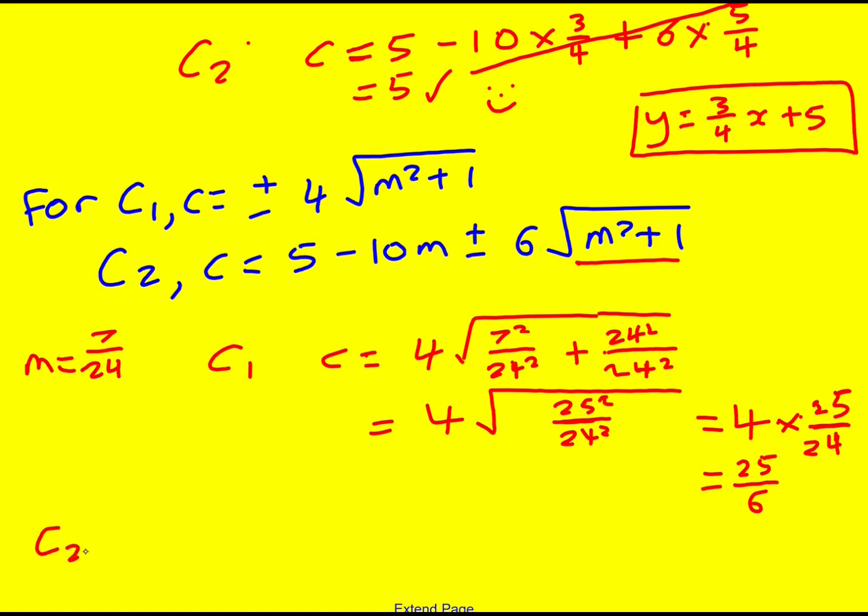Then C2 gives us C equals 5 minus 10 times 7 over 24 plus 6 times that square root, which remember was 25 over 24.